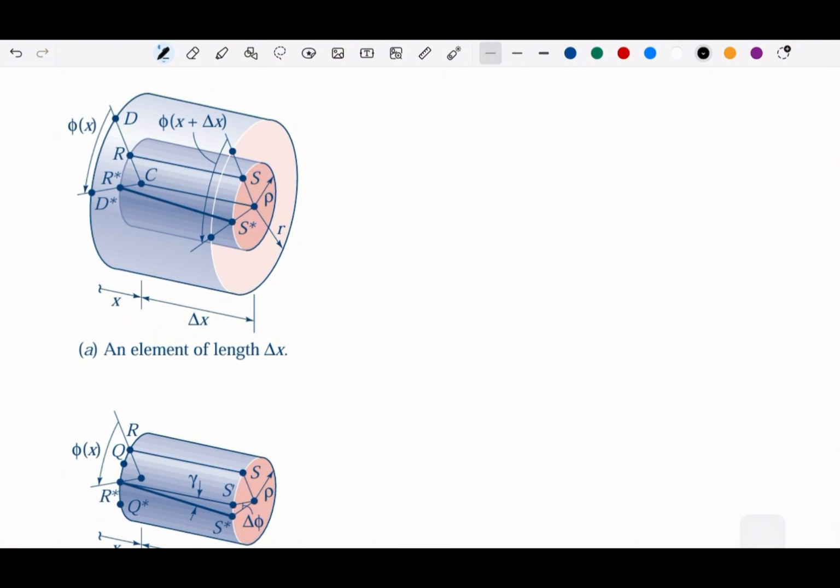So suppose that we have a shaft between the cross section at x and x plus delta x, and we have all the points and the twisted angle.